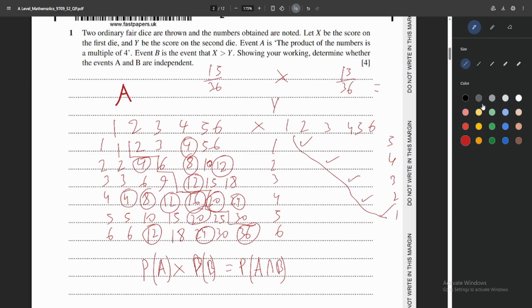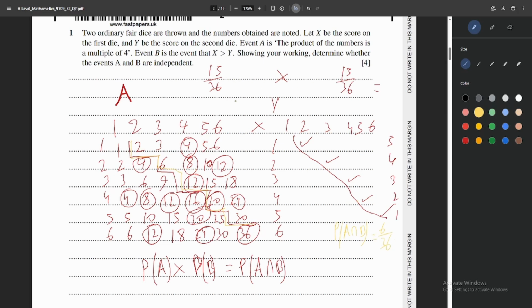Let me redraw it with another color. All the numbers above this line, those are 1 2 3 4 5 6. Again 1 2 3 4 5 6. So the probability of A intersection B is 6 by 36.